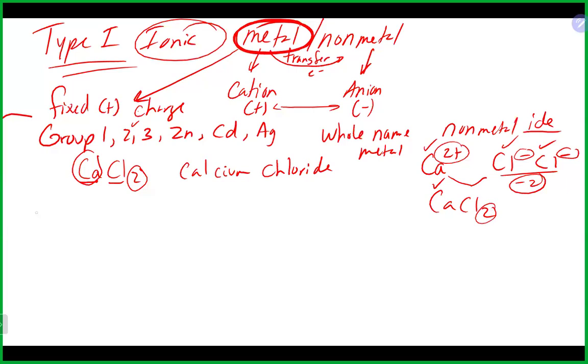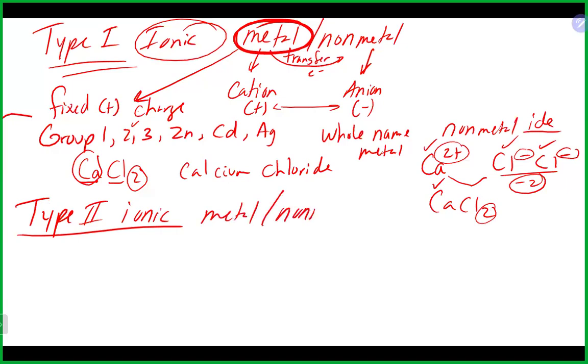We also talked about type 2 ionic compounds. Same as above, it is still a metal and a non-metal, and we still have the transfer of electrons just like above. The only difference here is the metal, and that metal is going to be a transition metal, or as we talked about, just to the right of it, below the staircase.